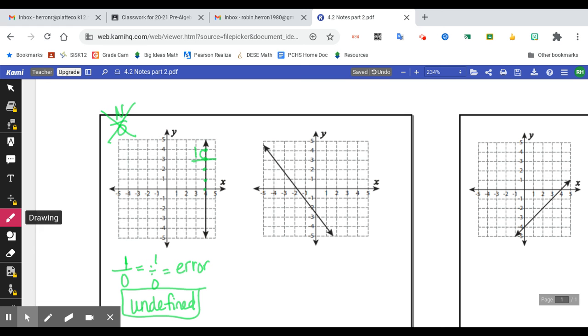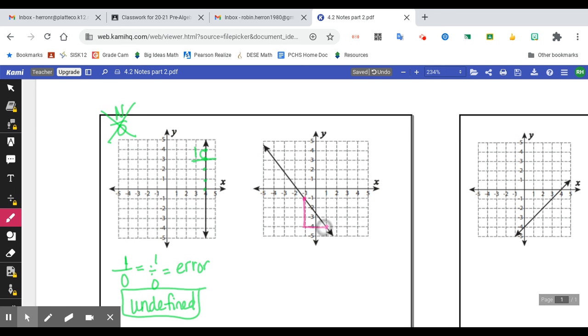I see a corner. Let's see. I see one right here. Okay, and right. Let me see. I see one right here on the corner. Okay, so up.